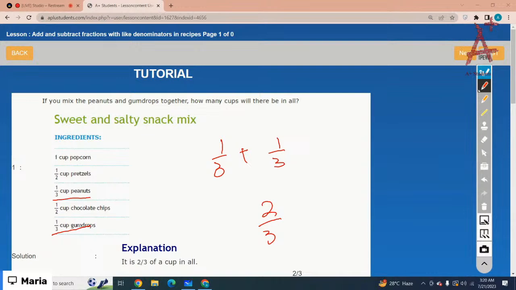So the correct option is 2 over 3. Let's look at the other example.